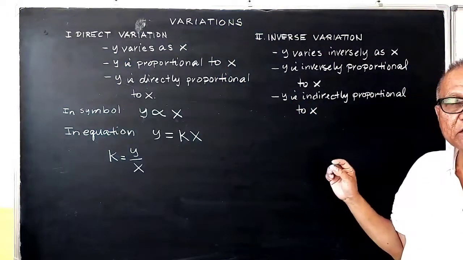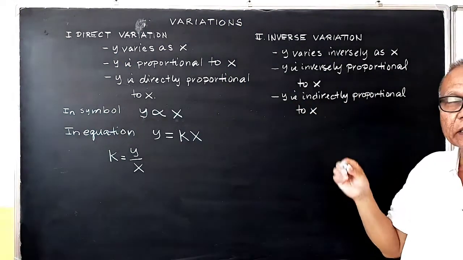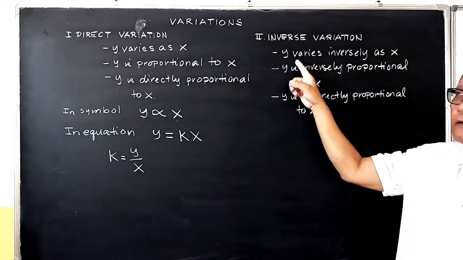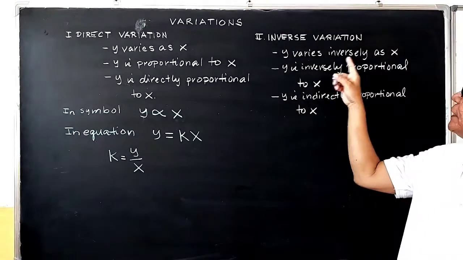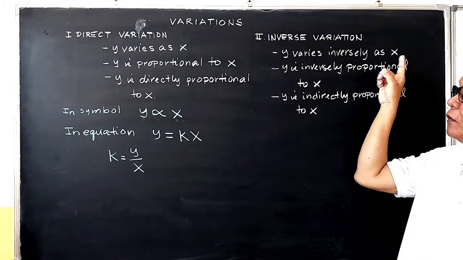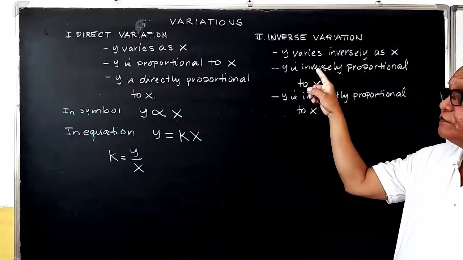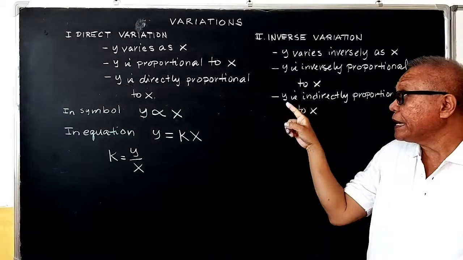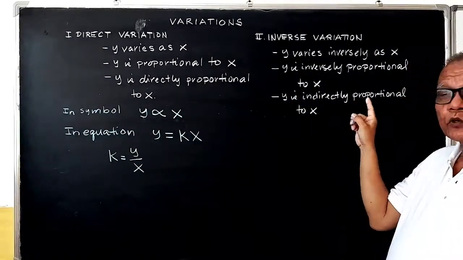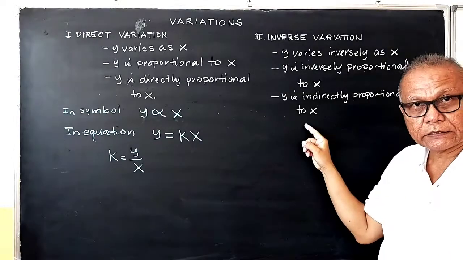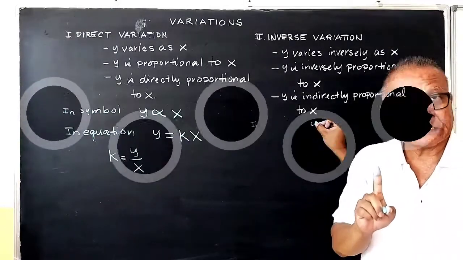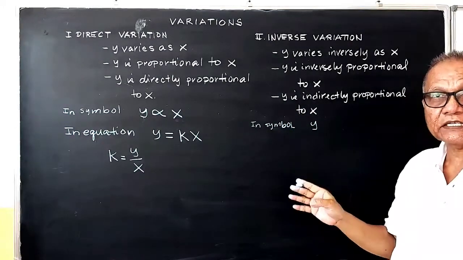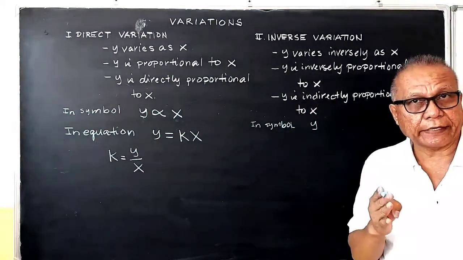Okay, let's have the inverse. Now, in inverse variation class or indirect variation, we have this one. Y varies inversely as x, or y is inversely proportional to x, or y is indirectly proportional to x. So first we write y, because that is y. If that is a varies as b, you use letter a.